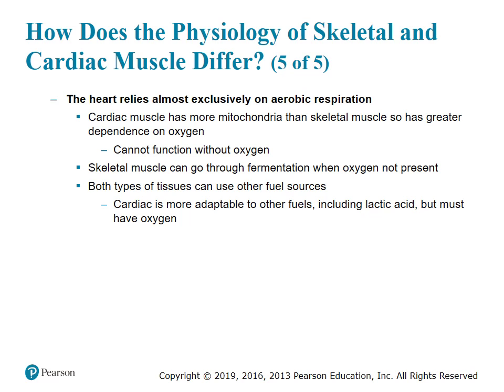It works on this process almost exclusively, in the presence of oxygen. So it needs oxygen to create ATP. Needs it, needs it, needs it. And when it doesn't get it, it will not work. The contraction will not occur.